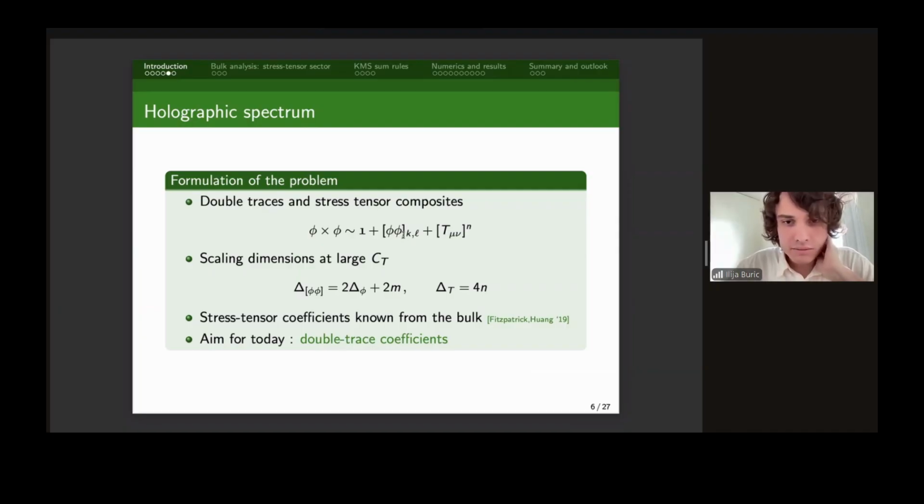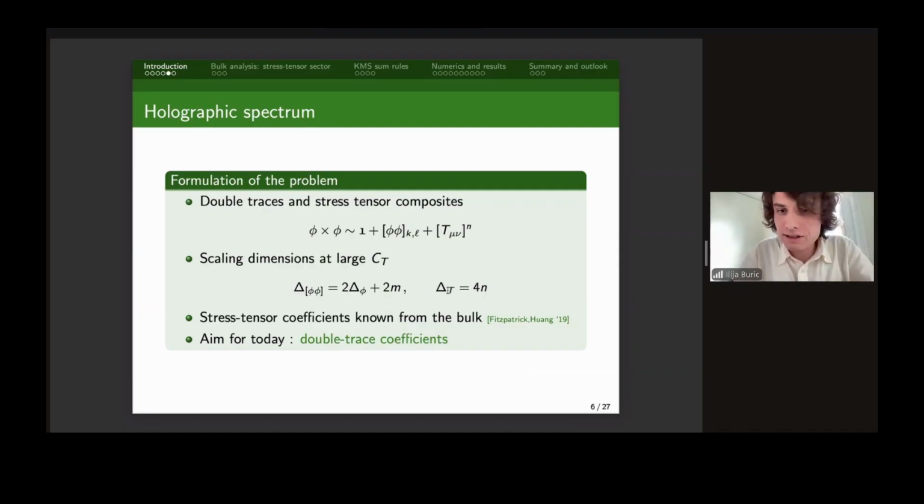So one is double trace operators built out of phi, and the second is the stress tensor and its composites. And in large N gauge theories, these are indeed the two families of operators that contribute at the leading order. And they have conformal dimensions 2 delta phi plus an even integer, and then 4n.